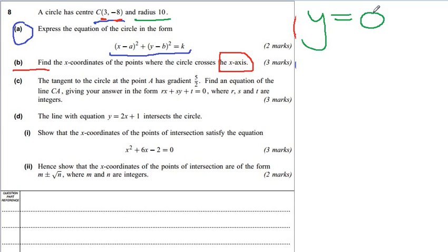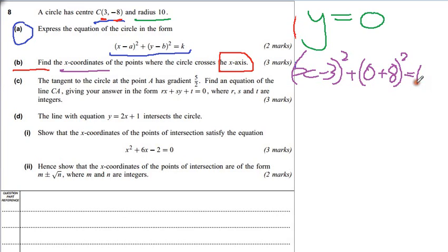So, if y is 0, then you can put y equals 0 into the formula we just got, and find some x-coordinates from that. So, let's do it. Let's do (x minus 3) squared plus (0 plus 8) squared equals 100.